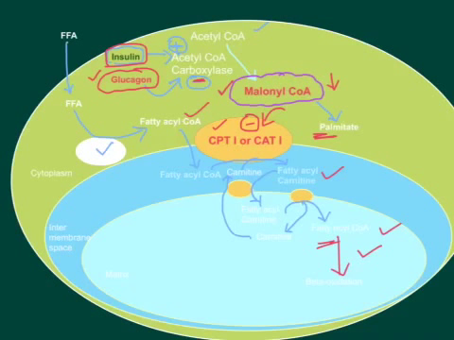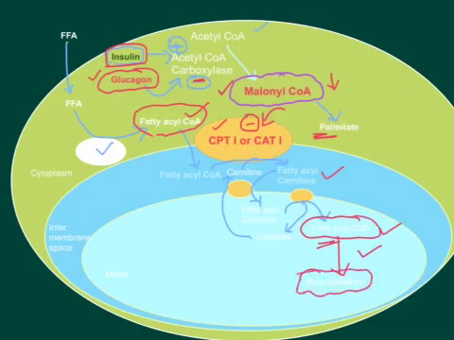Because of this, the fatty acyl-CoA which is there in the cytoplasm will be transported into the mitochondrial matrix, and beta oxidation is made possible. So this is how the fatty acid oxidation is activated, because of the low concentration of malonyl-CoA under fasting condition, and that happens under the influence of glucagon.